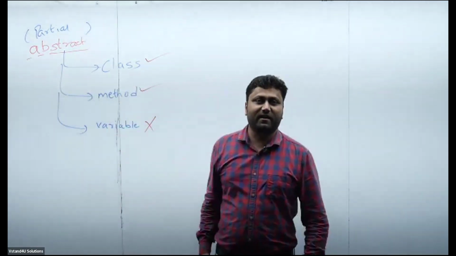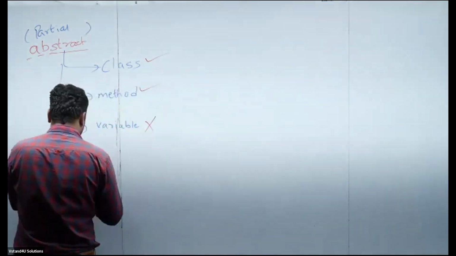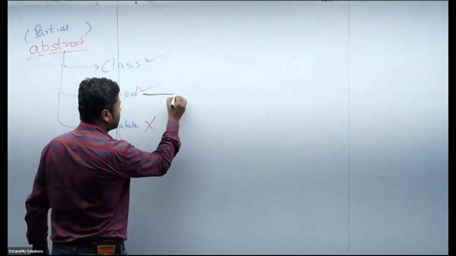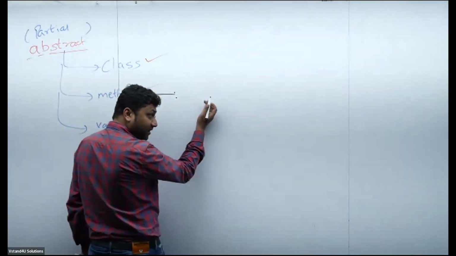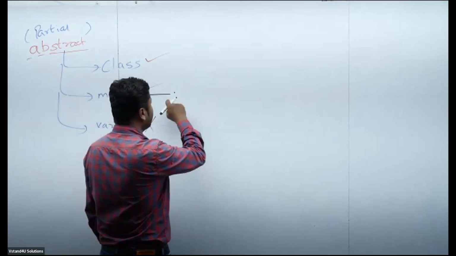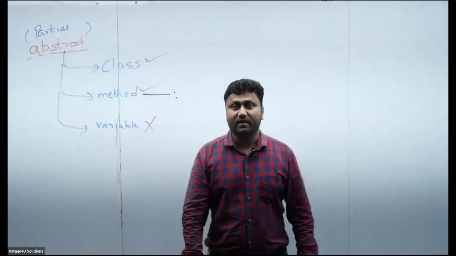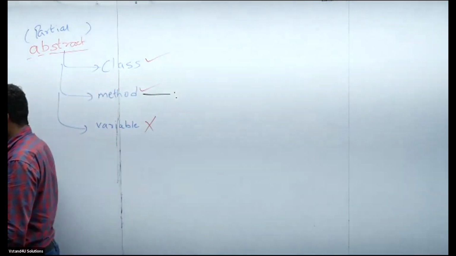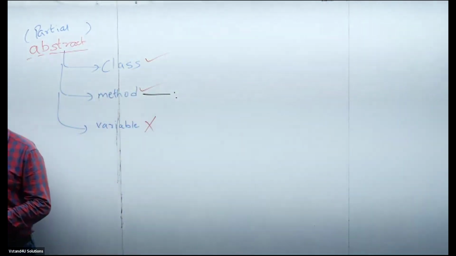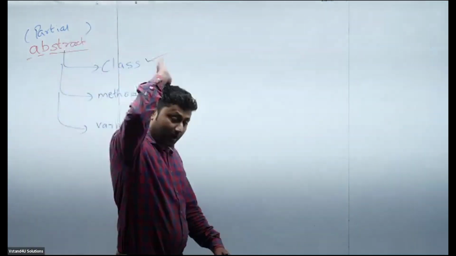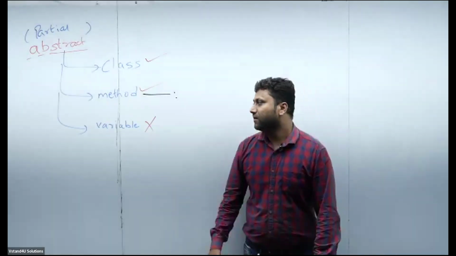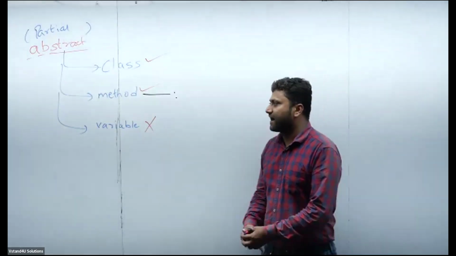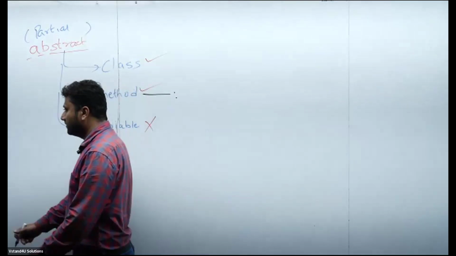If a method is marked as abstract, which means... Faster. Now you tell what you were telling earlier. If a method is marked as abstract, then very good.